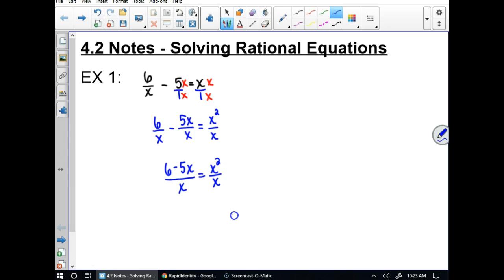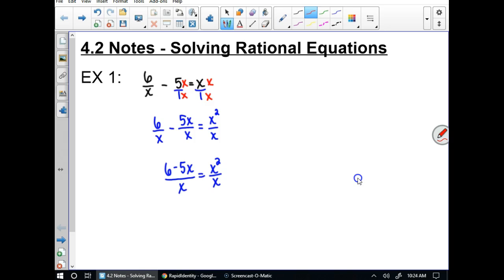Okay, so when I have this, the only possible way that these can be the same is if the numerators are the same, because the denominators are already the same. No matter what x is, they're already the same. So really, at this point, I can disregard the denominators.